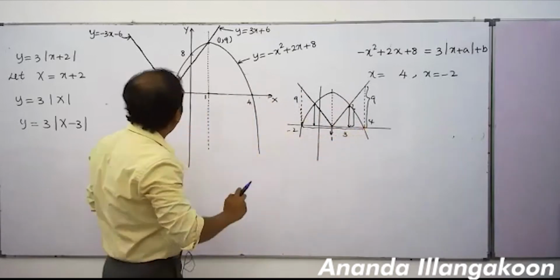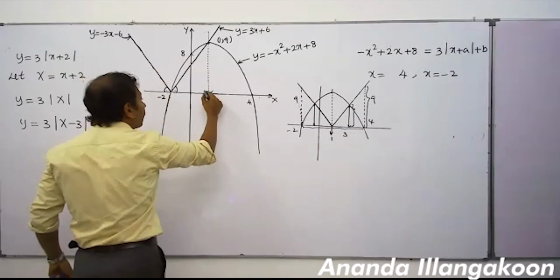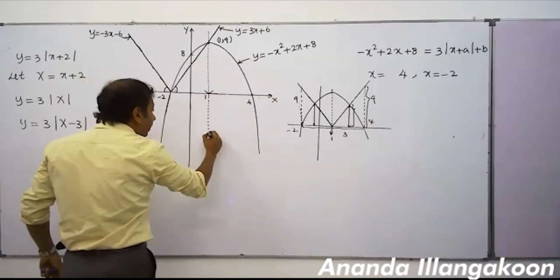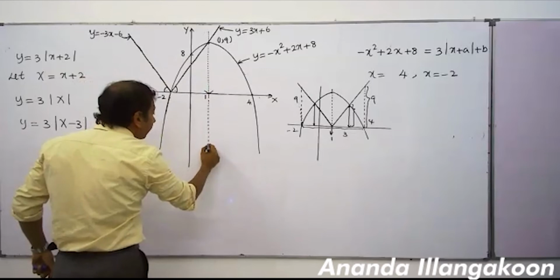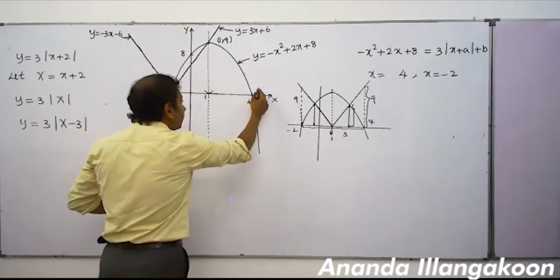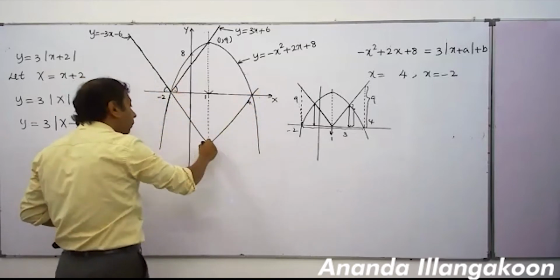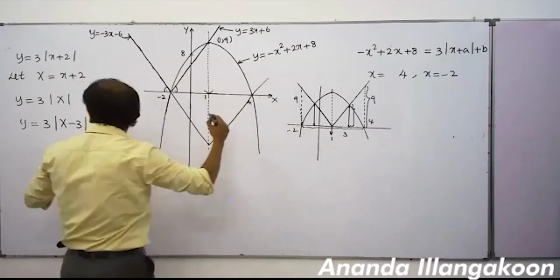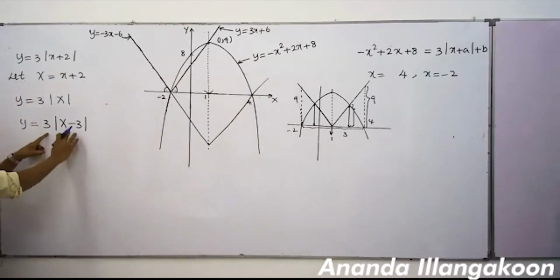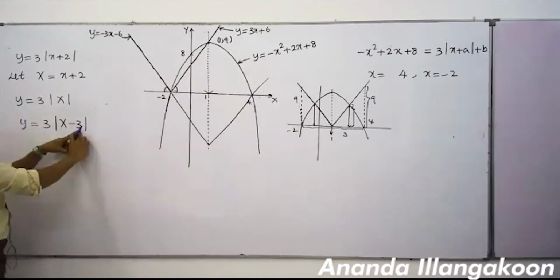So therefore, what I do is, people, I bring this graph to here first, and then I bring that 9 units down. Okay, then these 2 branches will be, people, going through this point and this point. Right? Then here what we have done: the graph we drew here shifted to the right by 3 units by subtracting this.